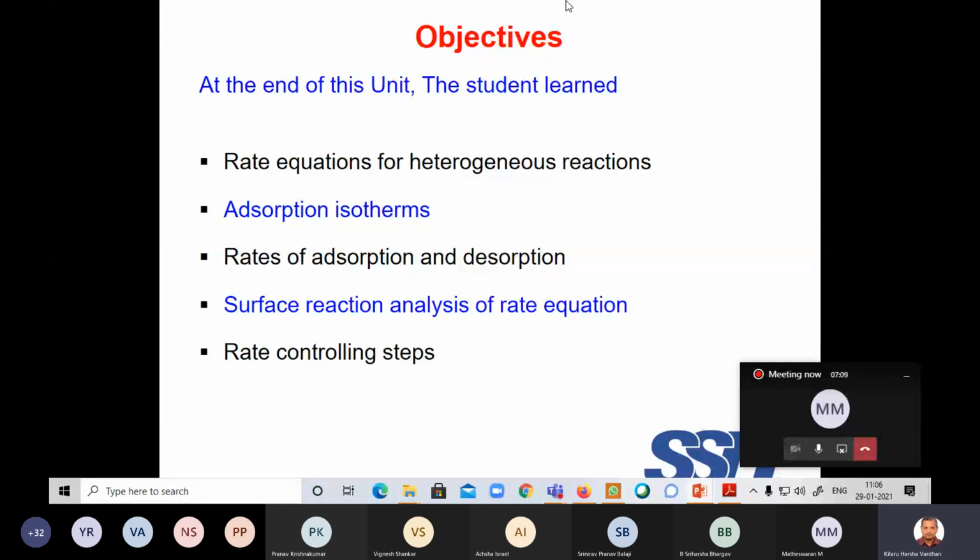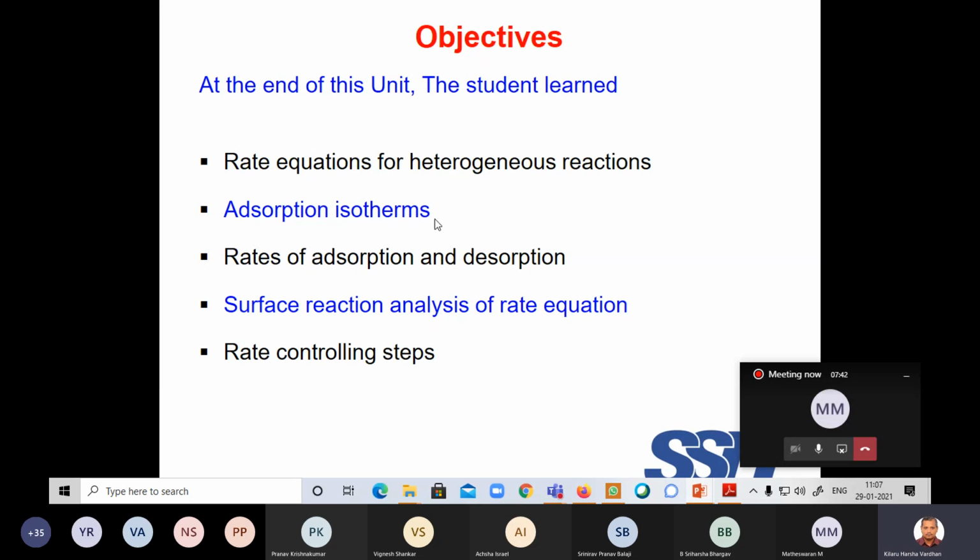In this unit, you will be studying the rate equations for heterogeneous reactions, how to write the rate equations for a heterogeneous reaction. Then adsorption isotherms, the different isotherms. Then how to write the equations for the rate of adsorption and desorption. If a surface reaction is happening, how to write the rate equation for surface reaction control.